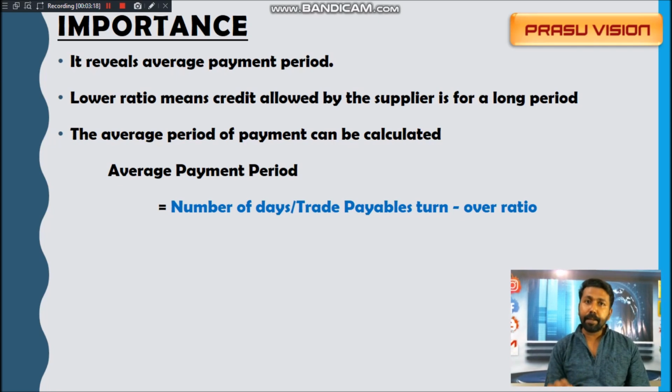Average payment period means within how many days we have to repay the amount of creditors and bills payable. By calculating this ratio, we can identify how much time the company will take to repay the amount.